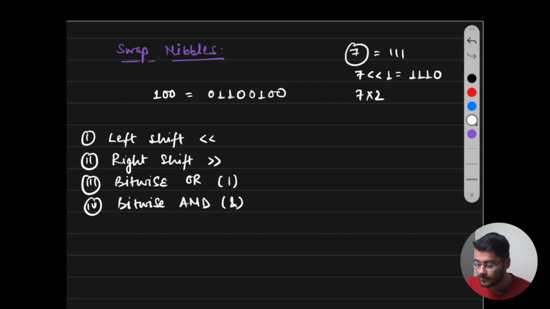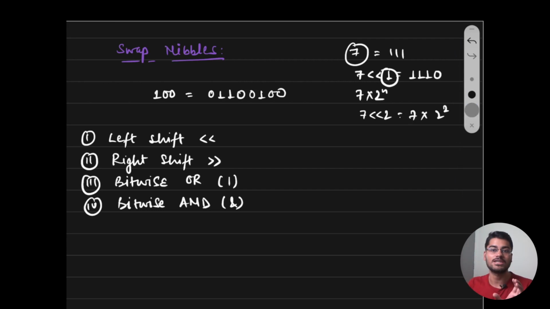If you do a left shift, you multiply by 2 to the power of that shift amount. So 7 left shift 2 in decimal is equal to 7 multiplied by 2 to the power 2. This is what left shift does: it shifts the bits of the number by the given input.